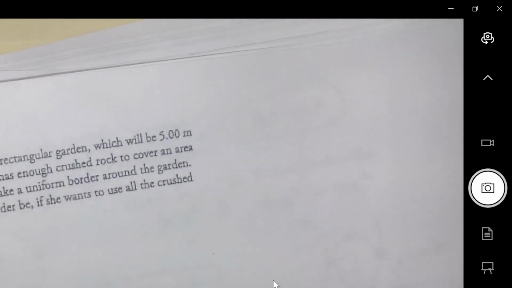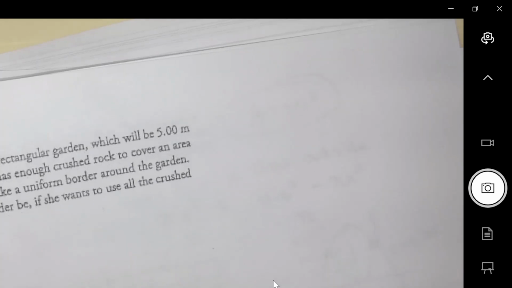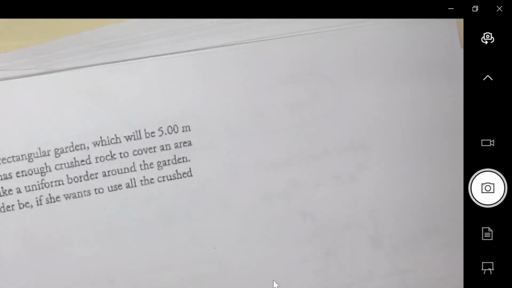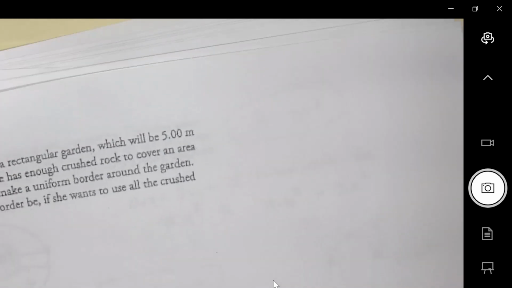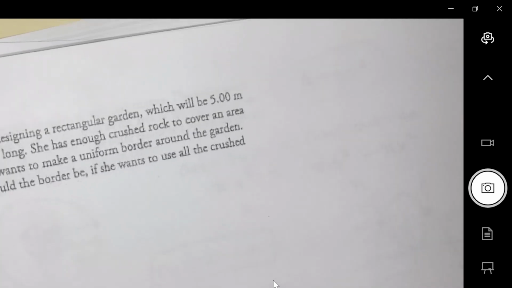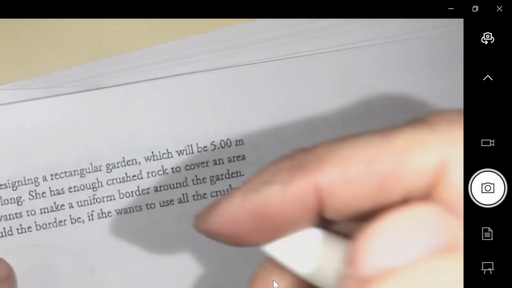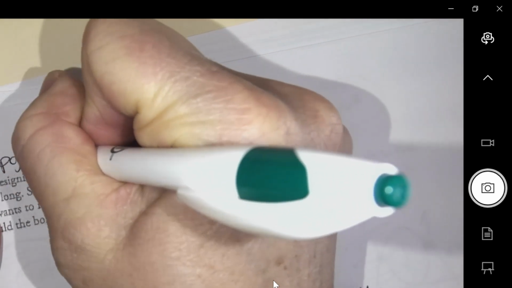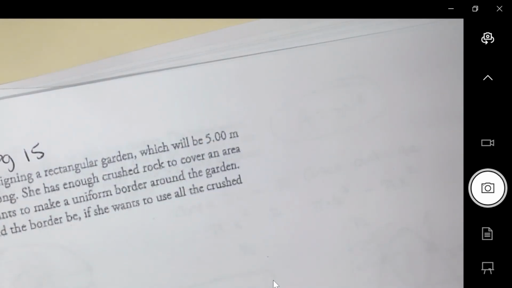Okay, I'm going to do one more. This is on the landscaper question, number 15. Alright, I'm sorry, I'm making you go all over the place to page 15. Landscaper.